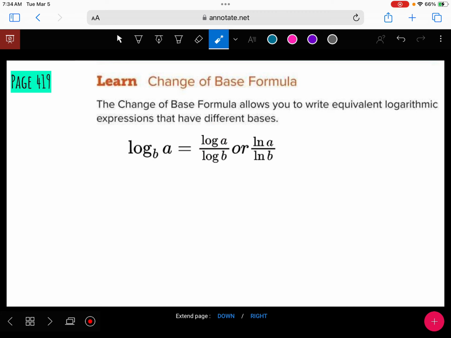Because our calculator won't let us do log base 2 or log base 5 or log base 7. It'll only do log base 10 or log base e. So this change of base formula allows us to find different ways of typing it in the calculator.